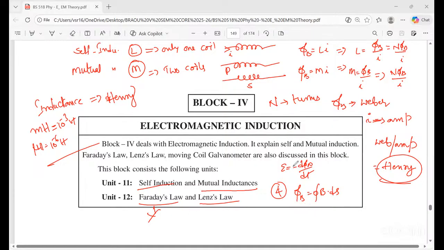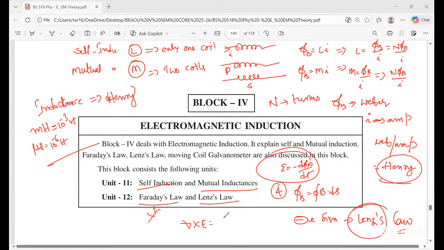Here Lenz's law gives the negative sign, which completely depends upon Lenz's law. This is Faraday's law. Differential form: del cross E equals minus dou B by dou t. This is the integral form. This is the vector notation. Okay, all these come in.